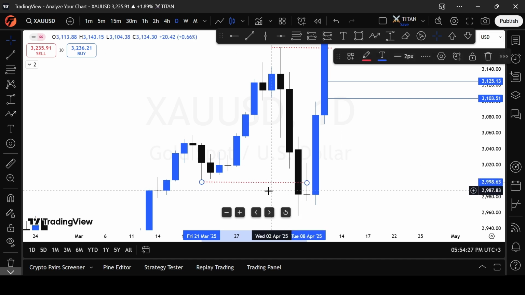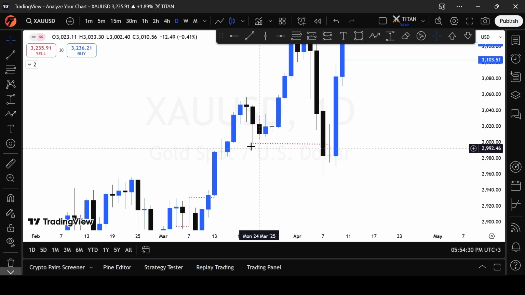And as they did this, they largely disrespected most of the bullish order blocks that were resting down here.